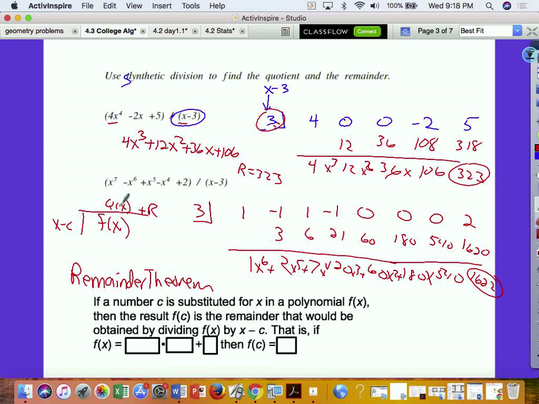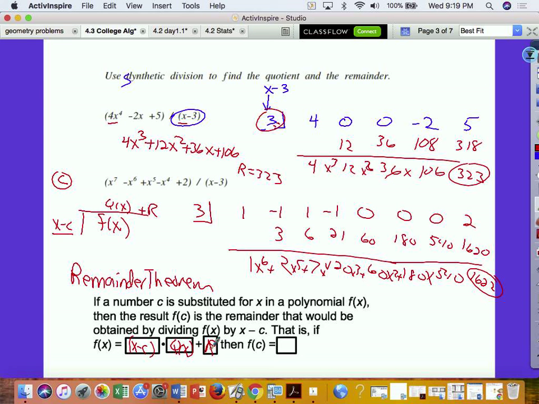Using the division algorithm, f of x, the dividend, is equal to the quotient times the divisor. So x minus 6, or x minus c, we have a 0 of c, we have a factor of x minus c, so it's divisor times quotient plus remainder.